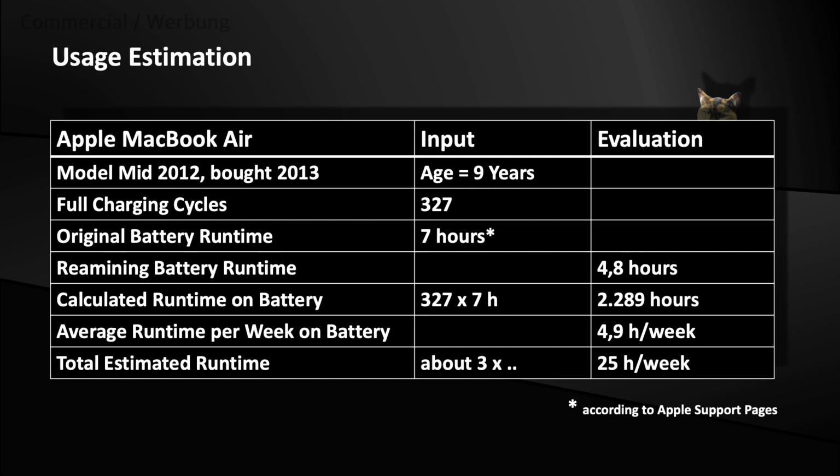From the number of charging cycles and the original battery runtime, we can calculate the total battery runtime over the years, which is 2,289 hours. This corresponds to about 5 hours battery runtime per week, and the total estimated runtime was about 25 hours per week.